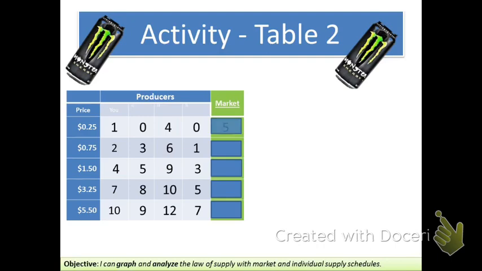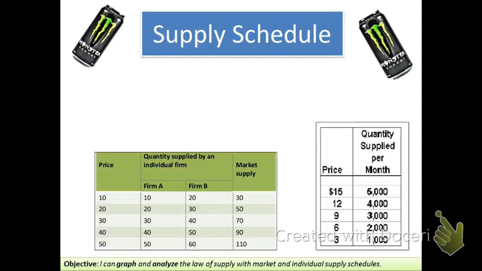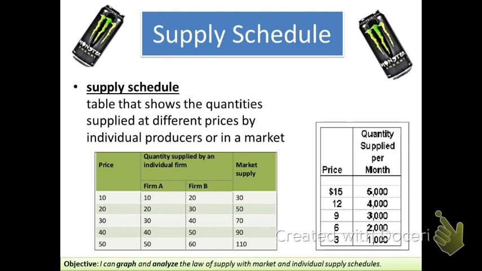If each student is an individual producer, we add up all of the producers and we get a market supply. And the terminology for this would be a supply schedule. Just like a demand schedule, we can have individual and market supply schedules. Simply a table that shows quantity supplied at different prices by individuals or producers. So that's our third key term.